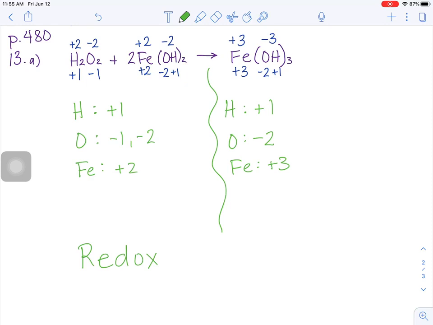So you only have to have a change showing up for at least one thing. Now it's typically going to be in more than one because a redox reaction has a gain and a loss. So usually one thing is gaining and another thing is losing. But because you can have reactions where you have an element showing up in different compounds, that one element could end up accounting for both changes.